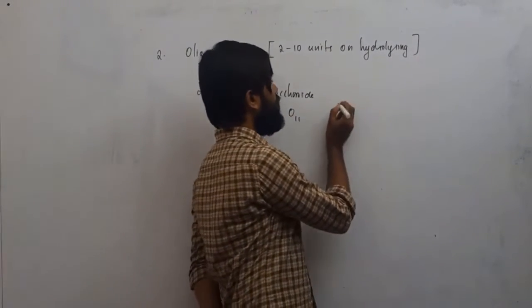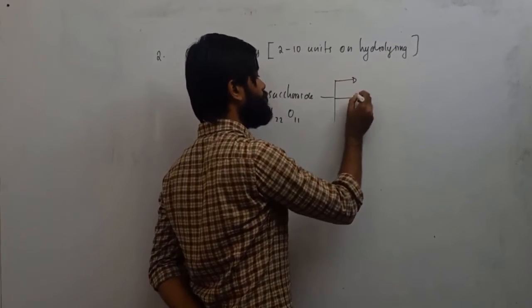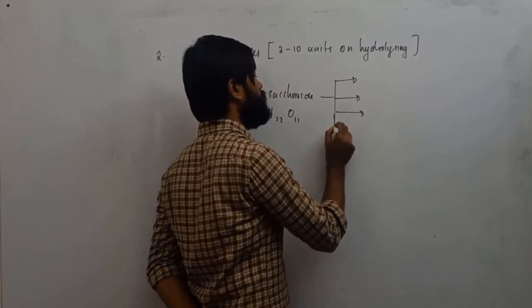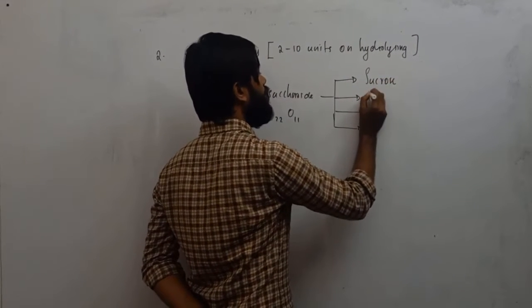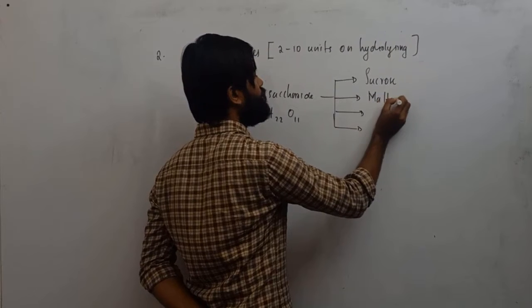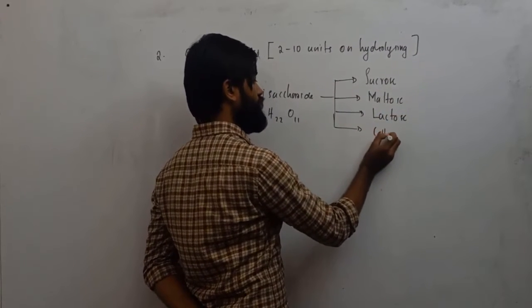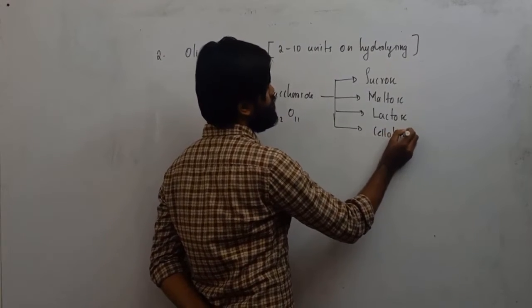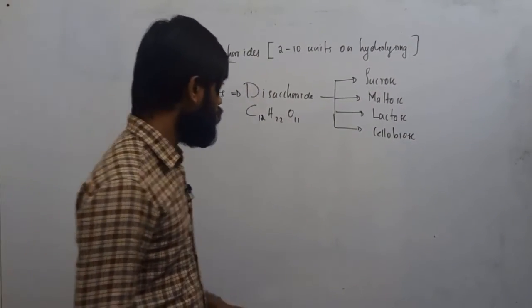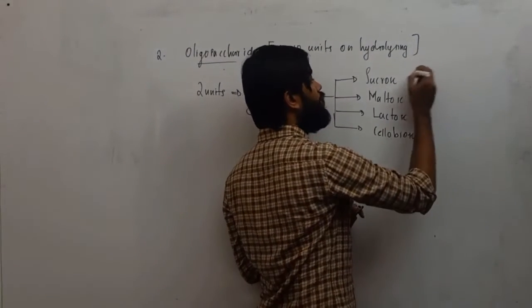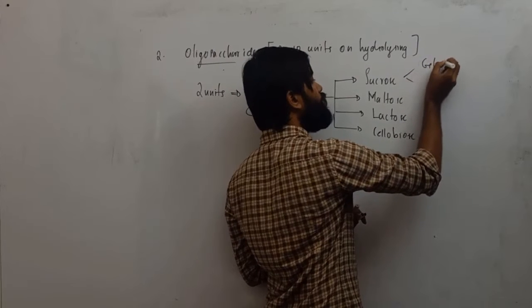Ready? And examples for the disaccharides are sucrose, maltose, lactose, cellobiose. Sucrose has monosaccharides glucose and fructose.